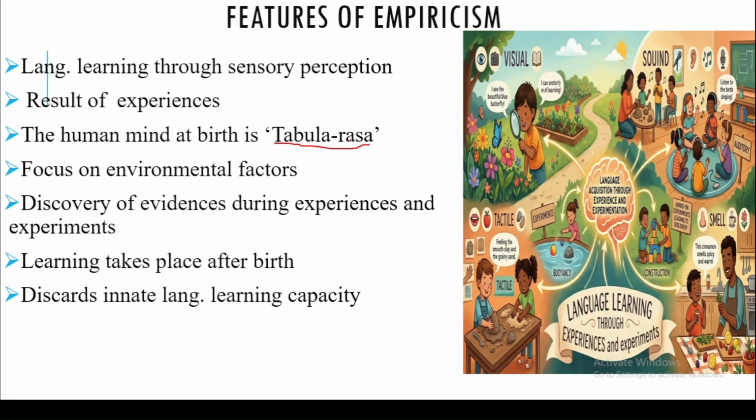Empiricism theory of language learning focuses on environmental factors rather than any innate power. Environmental factors highly affect the language learning process. Similarly, empiricism focuses on discovery of evidence during experience and experiments.